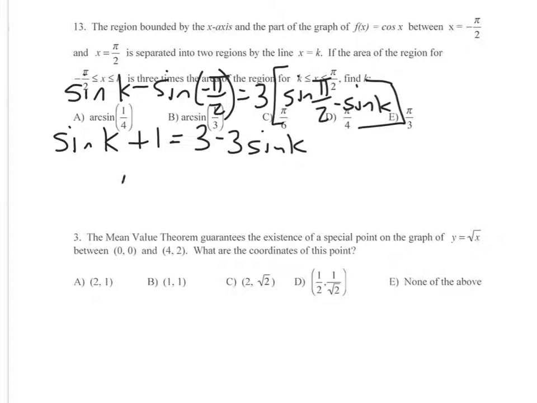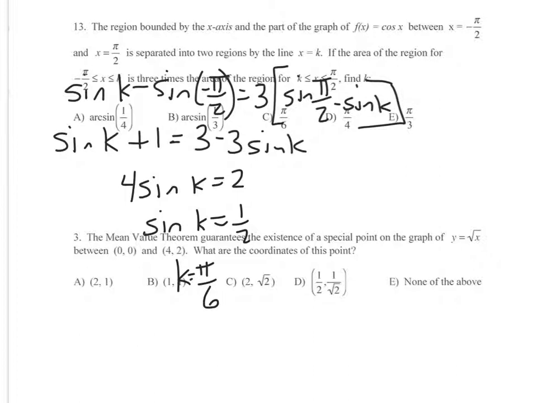Actually, I'm going to have 4 sine K equal to 2, so sine of K equals 1/2. Kind of on my way here. What value between -pi/2 and pi/2 gives you a sine value 1/2? Your answer there is pi/6. And so that turns out to be your answer.